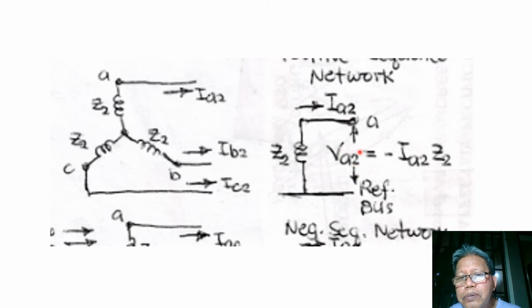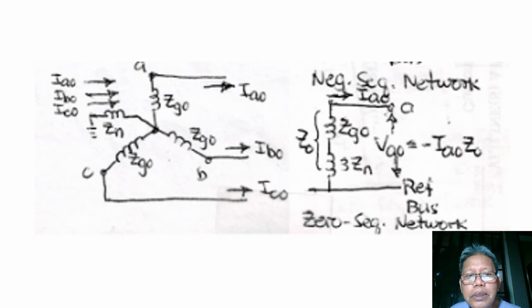So our VA2 here would just be equal to the voltage drop, so minus IA2 times Z sub 2. So that is our network representation for the negative sequence of our generator.